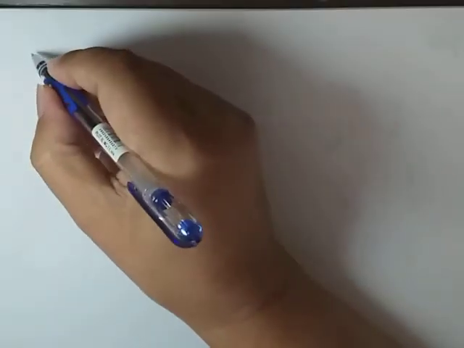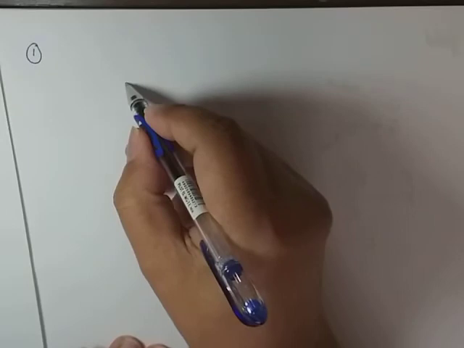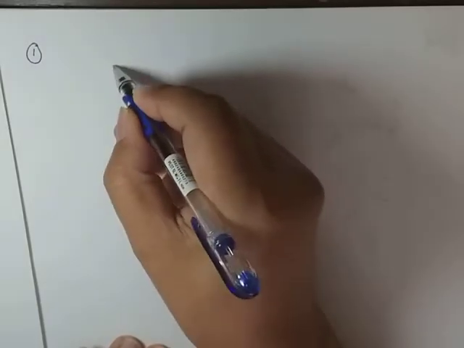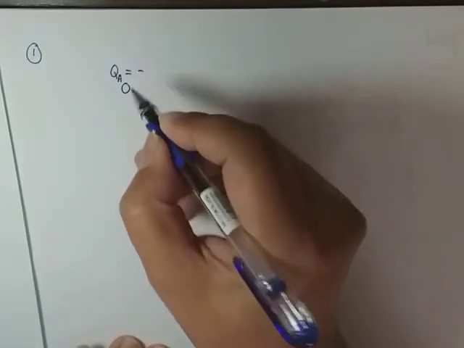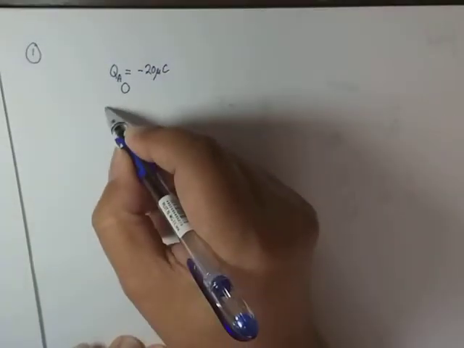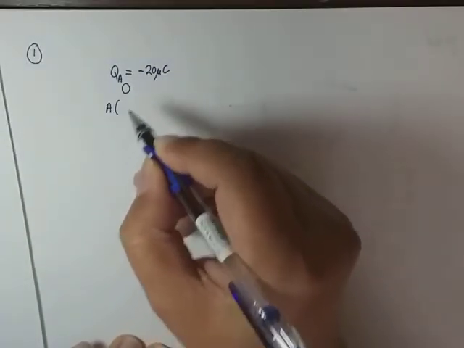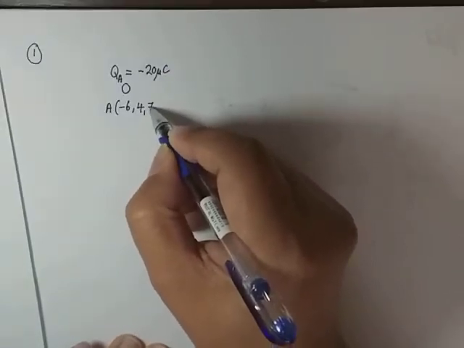Okay, question number 1. First, I have QA, with value equal to minus 20 microcoulomb. Position, let's make it A equal to (-6, 4, 7).